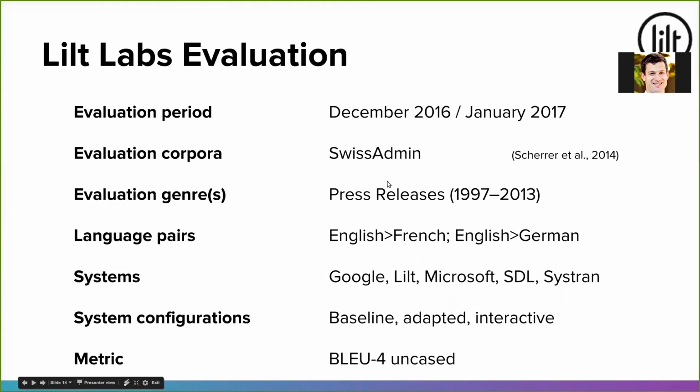So if you're a business, you might want to choose content from your business, and crucially, you might want to think about evaluating different kinds of content. Like if you have software support content and legal contracts, you might want to have a little bit of both and put those in your evaluation. Here we chose this data set because it's public and everybody can download it and do experiments on it.